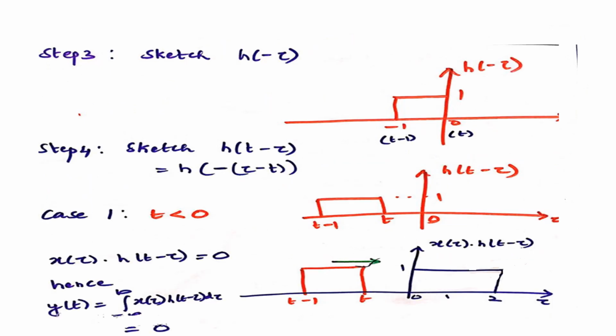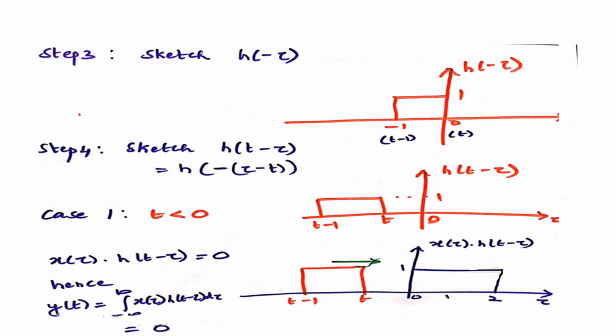On folding the signal, h of minus tau, on the vertical axis we have got that this is 0 and this is minus 1. So this is what we have folded. Now here I have taken an important way of deciding the edges of this rectangular pulse by writing t for this and t minus 1 for this.